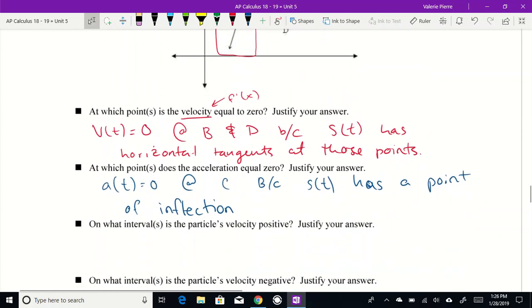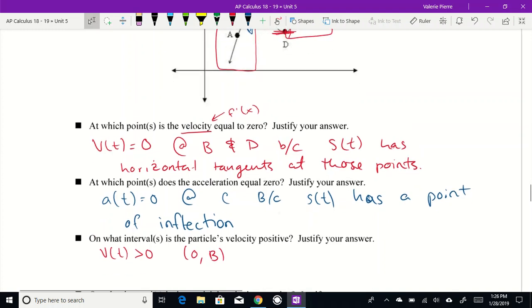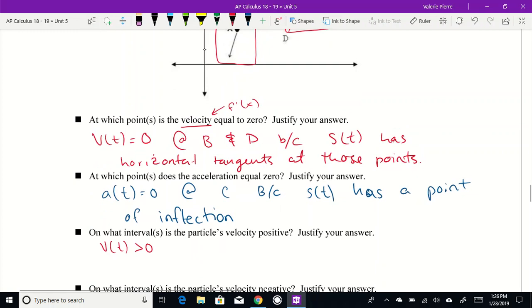So v of t is greater than 0 on the interval from, say, 0 to b. Since that goes on forever, let's just say negative infinity to b, and d to infinity, because S of t is increasing.